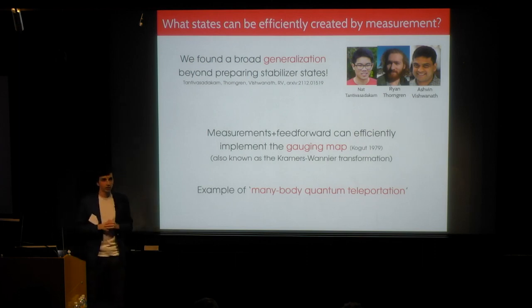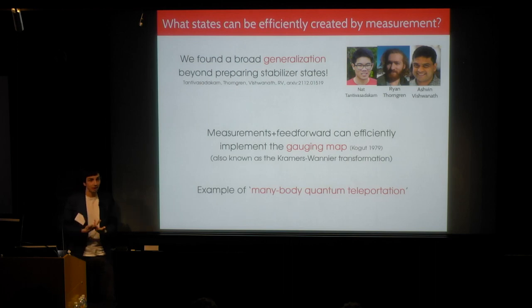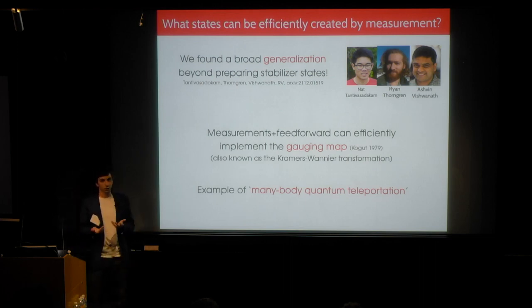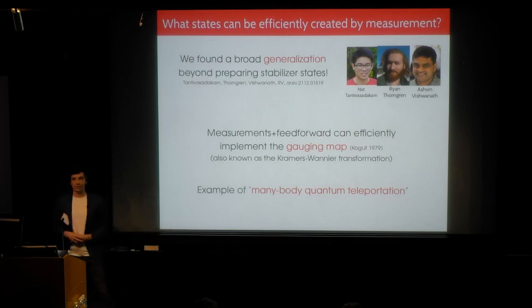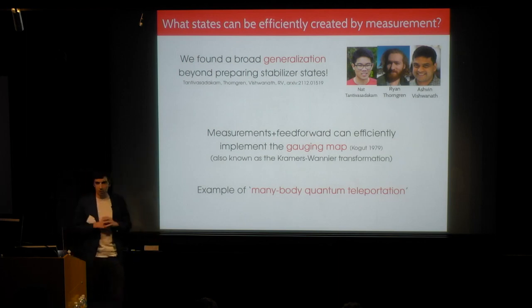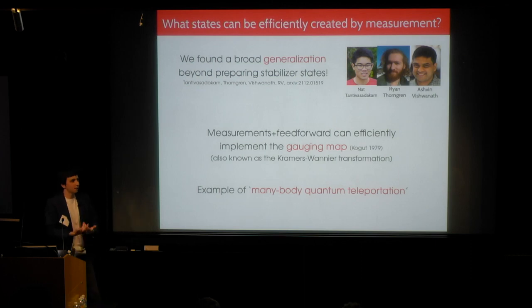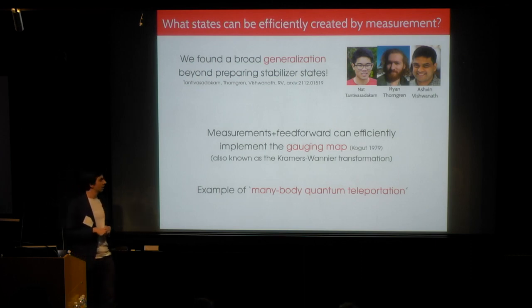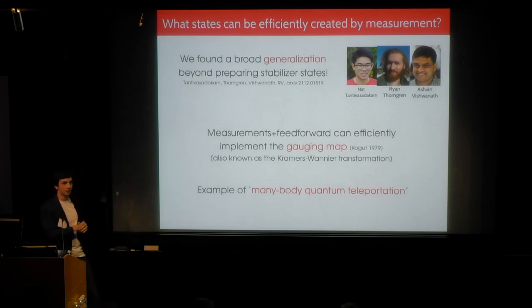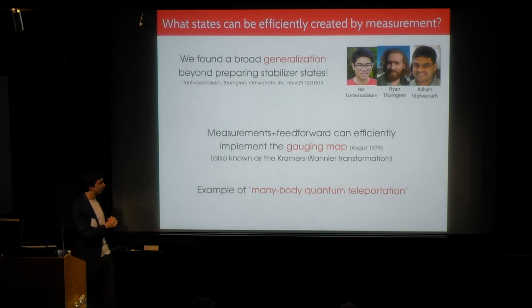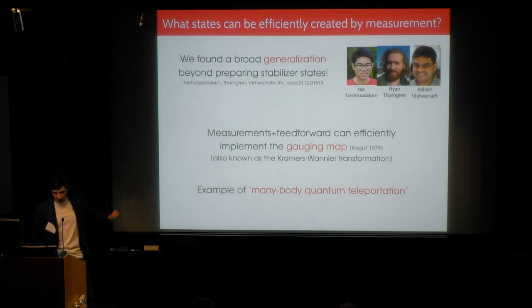As I'll discuss in a moment, this transformation as such is mathematically known for decades, and it's very useful to map models to each other mathematically. So if you solve one model, you secretly solve the other one. But usually it's not thought of as a physically relevant mapping, because it's very exotic in a sense. But it turns out that this kind of mapping you can really deterministically implement using measurements and feed forward. And if time permits, I'll briefly comment on how you can interpret it as many-body quantum teleportation.